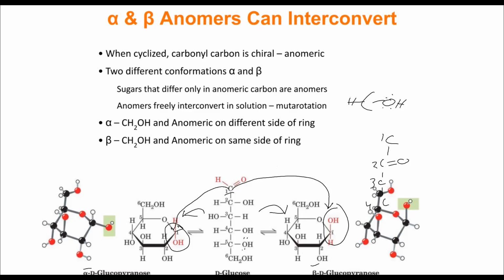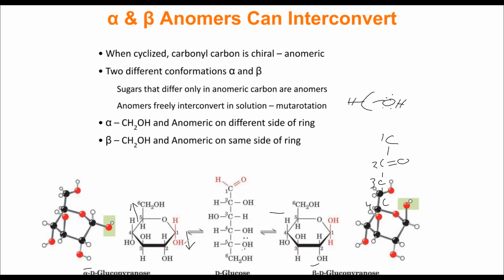And depending which way this carbonyl carbon is pointing, we'll have alpha or beta. And what you need to look for is the position of the alcohol group on your former carbonyl carbon. So for example, this OH is pointing down. We compare that to carbon 6. Carbon 6 is pointing above the ring.